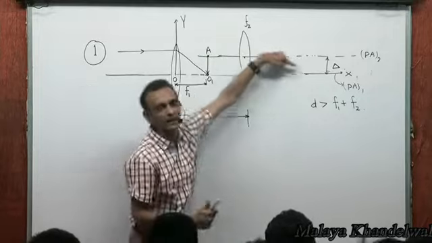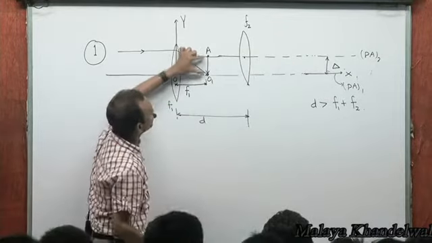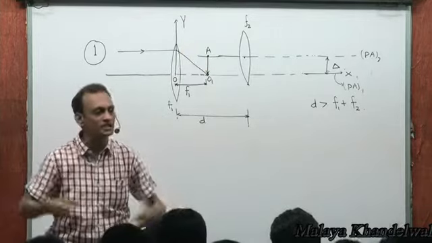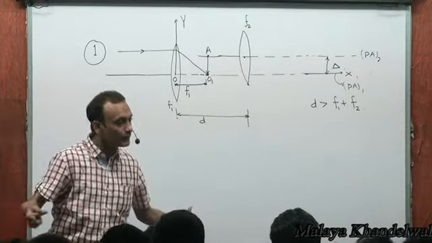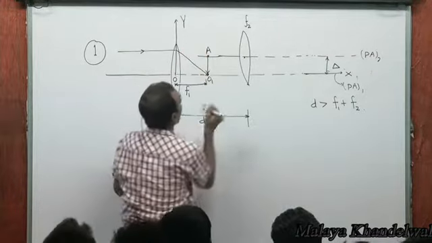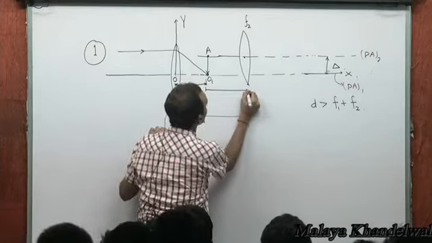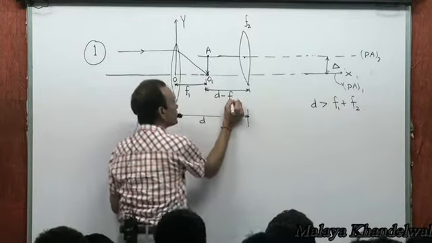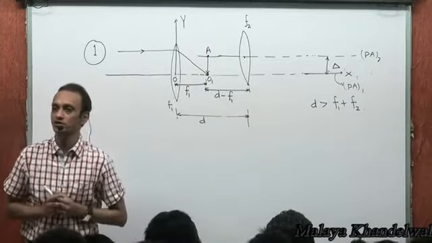See, this is the principal axis of the second lens. So you would rather want to deal with AO1, which is an extended object of size delta, and of object distance from the second lens equal to d minus f1, the object distance.